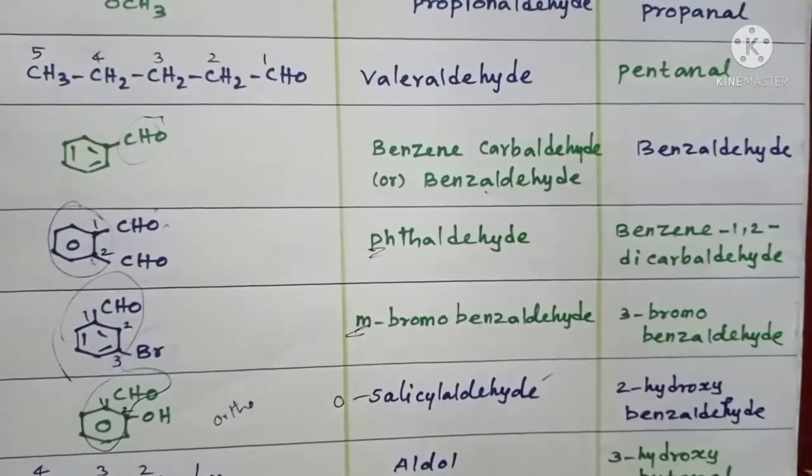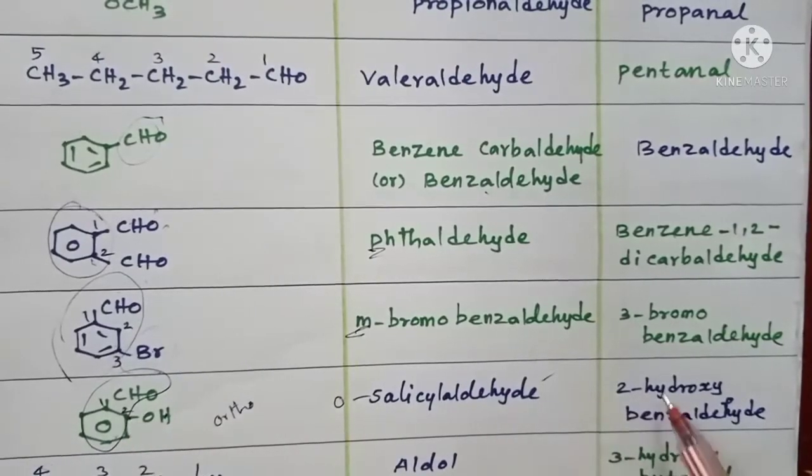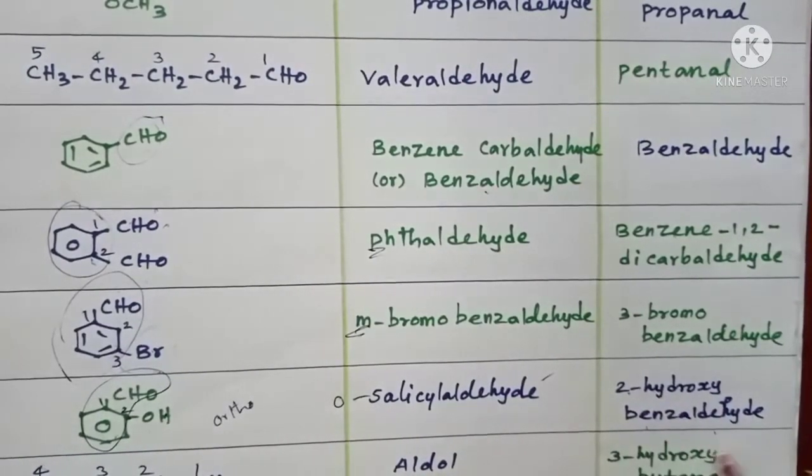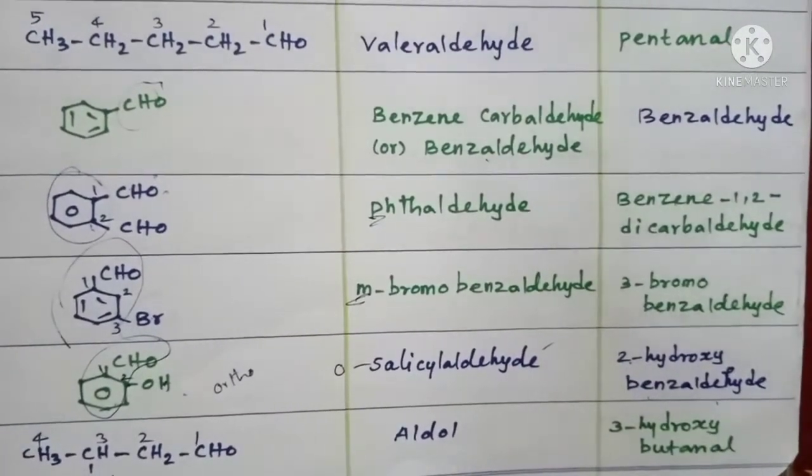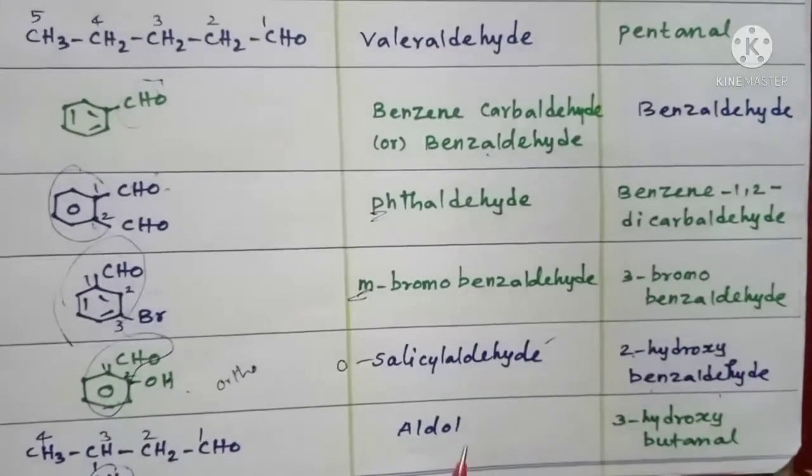Benzene with CHO is supposed to be considered as the parent compound. OH group substituent. Hydroxybenzaldehyde. While numbering, the hydroxy carbon is getting number 2. So 2-hydroxybenzaldehyde. That is the IUPAC name of this ortho-salicylaldehyde. Okay, right. Look at the next compound. CH3-CH, there is a branch OH, CH2-CHO, isn't it?